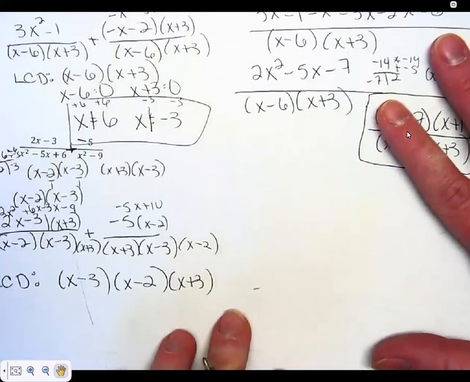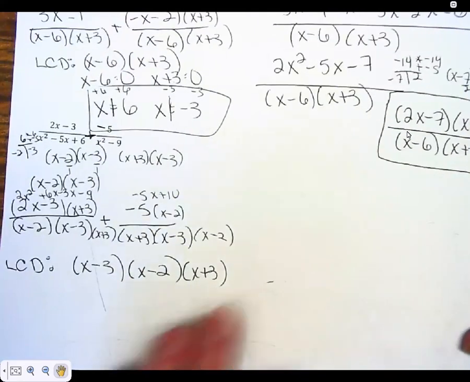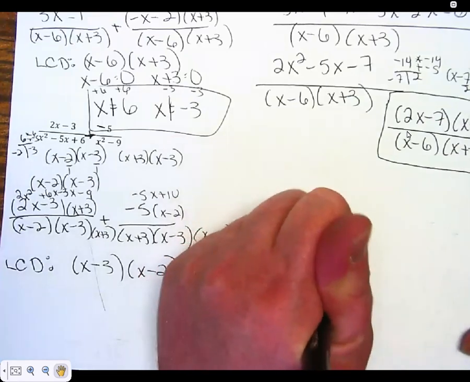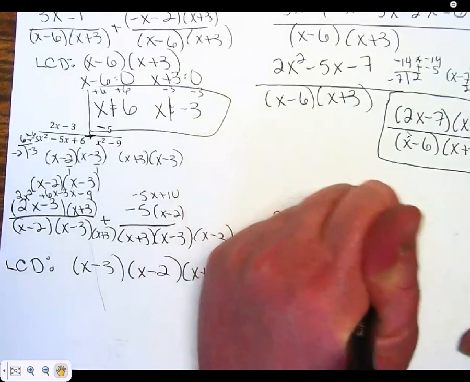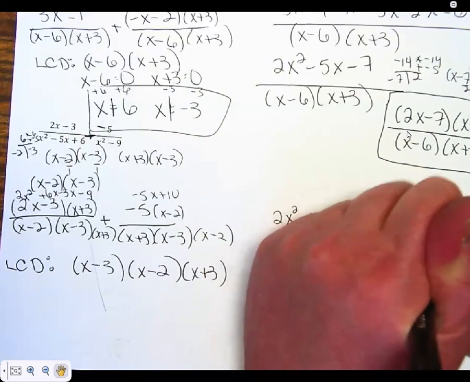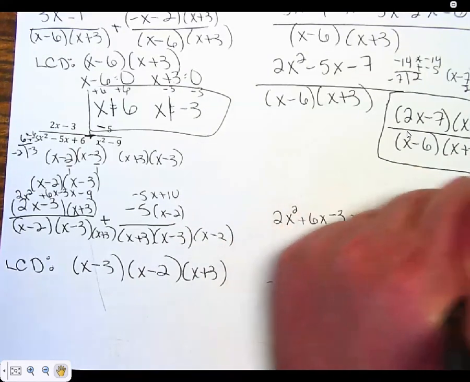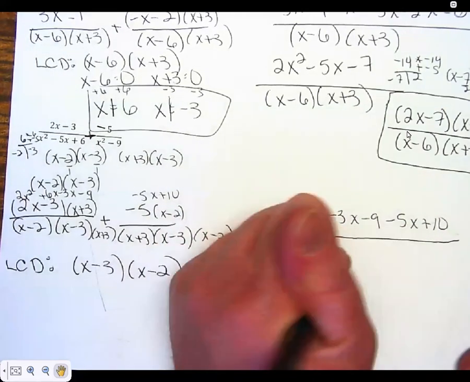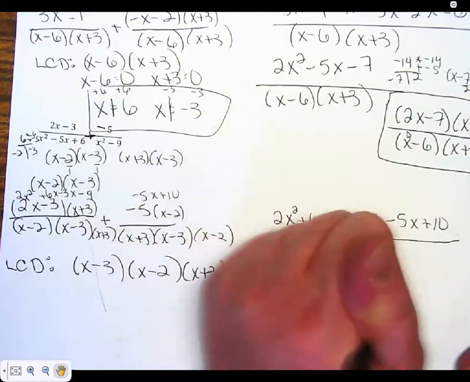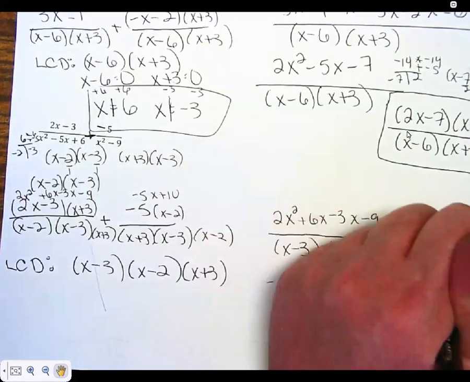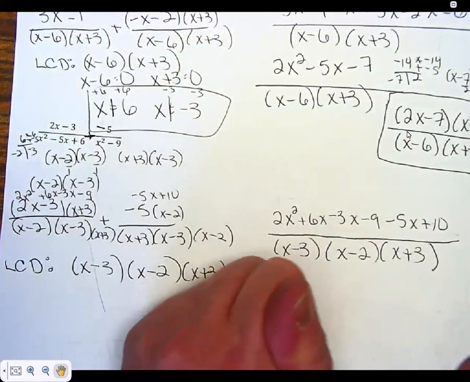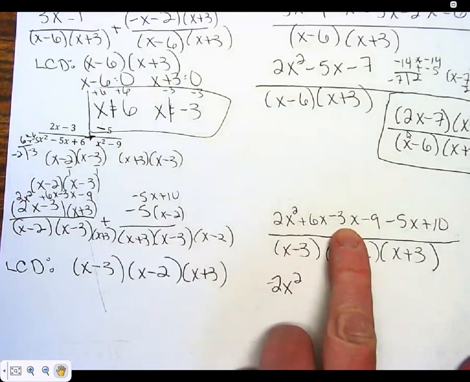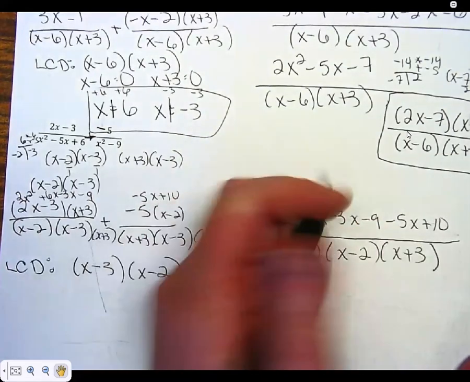So then we want to write down all the stuff that we have over here. So you got 2x squared plus 6x minus 3x minus 9 minus 5x plus 10 over your new lowest common denominator. Okay, so then you got 2x squared. 6x minus 3x is going to be 3x, minus 5x is going to be negative 2x.